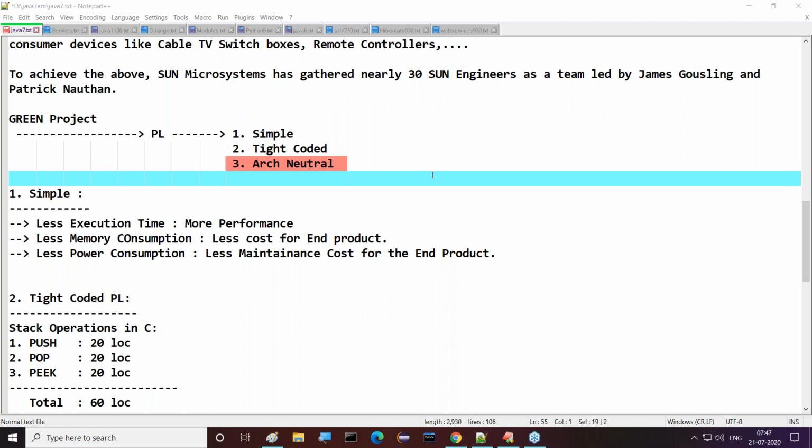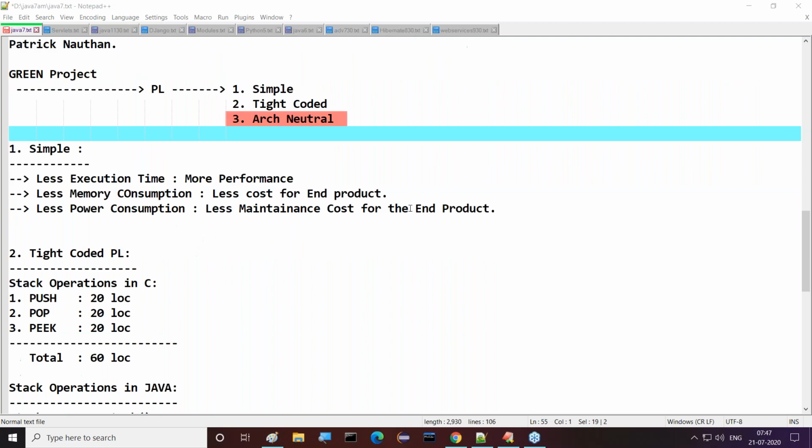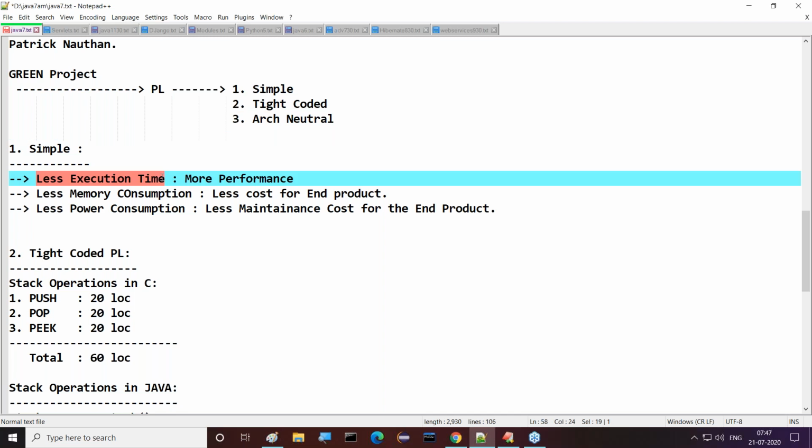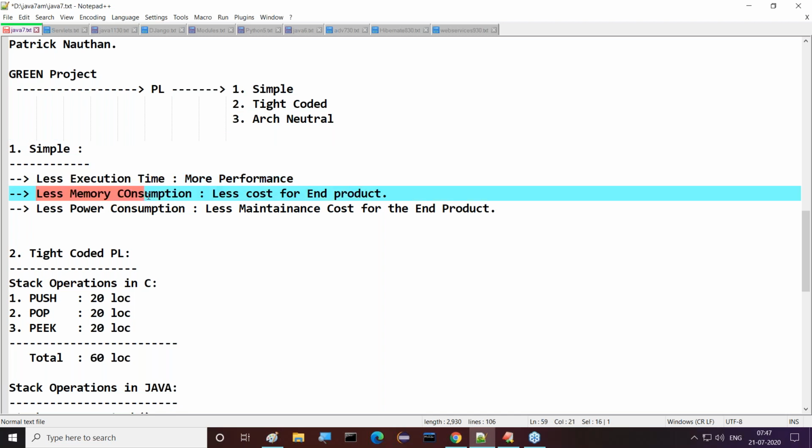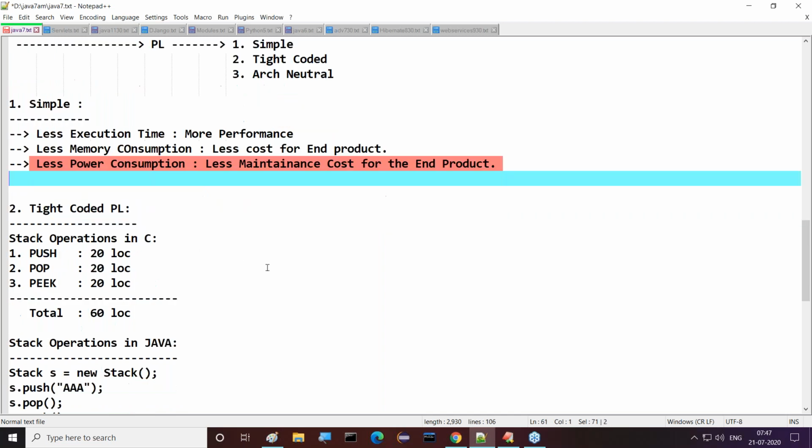Can you tell me what is the meaning of simple, guys? Simple means less execution time, less memory, and less power. Good, that's fine.